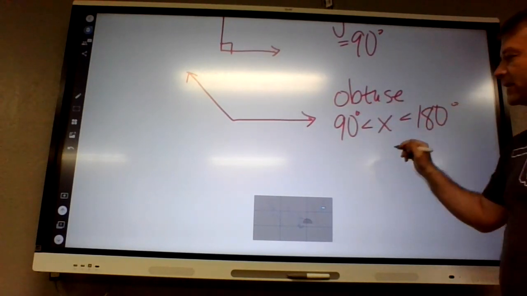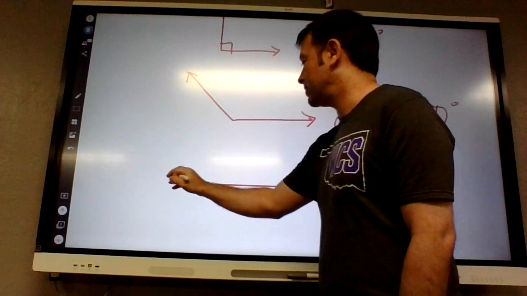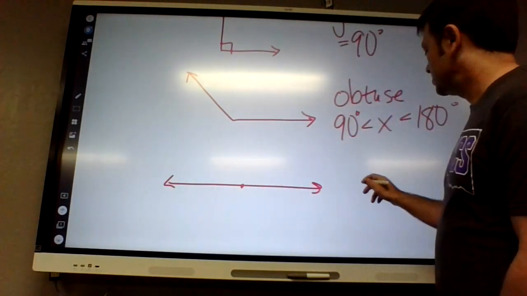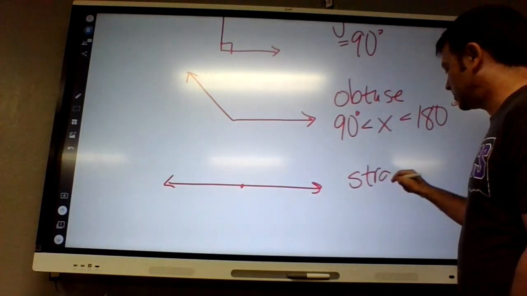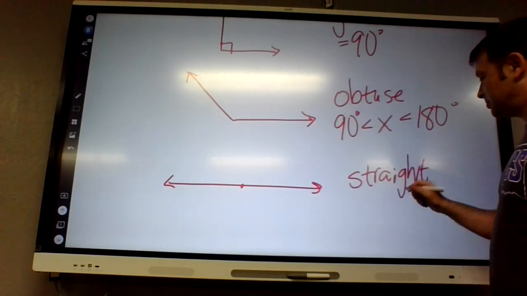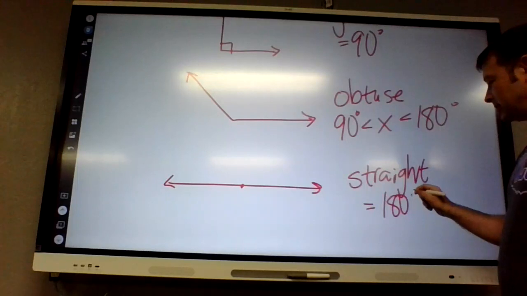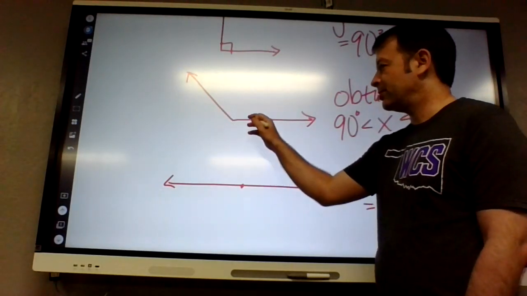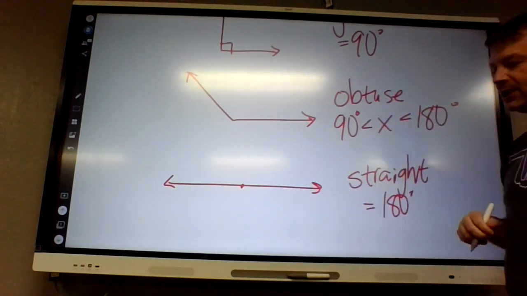Flat. Yeah, it's called a straight angle. So it's like going from there to there. So a straight angle is equal to 180. And they didn't name anything bigger than 180, so like this would be bigger than 180. No names for that one though.